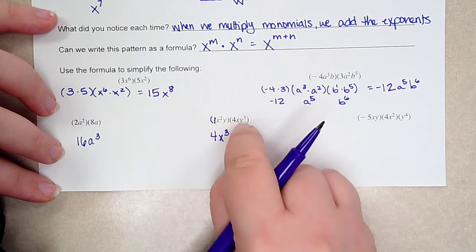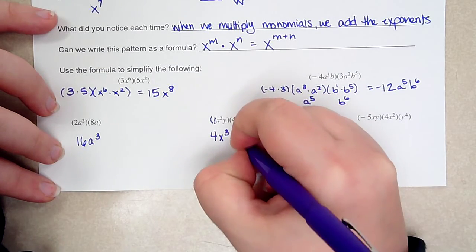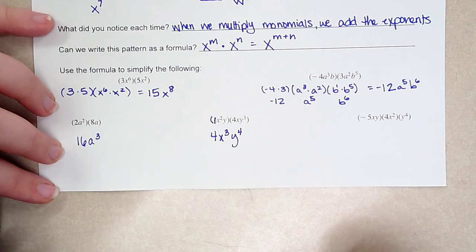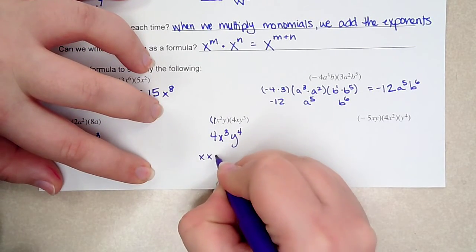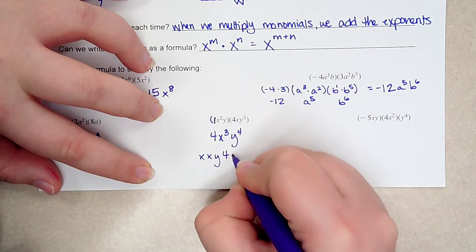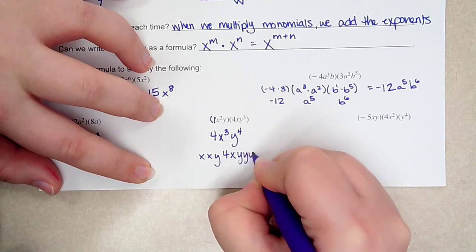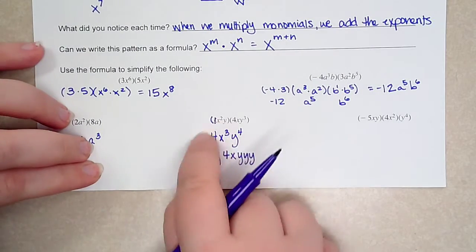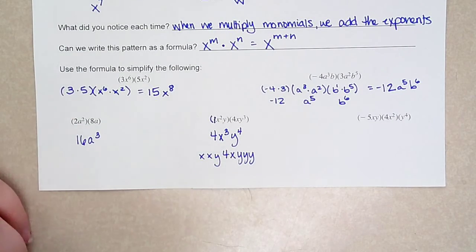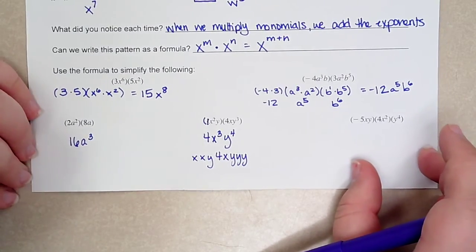And then y times y to the 3rd tells me that there's 4 y's. If you need to write this out as x times y times 4 times x times y times y times y so that you can see why this is the answer, feel free to do that too. Use whatever steps you need to feel confident.